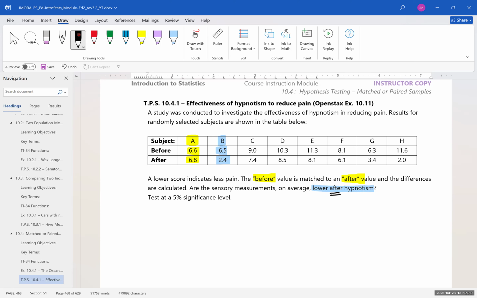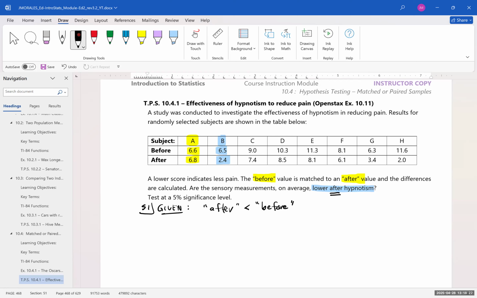So, put in our givens here. So is the after score lower than the before score? Okay.